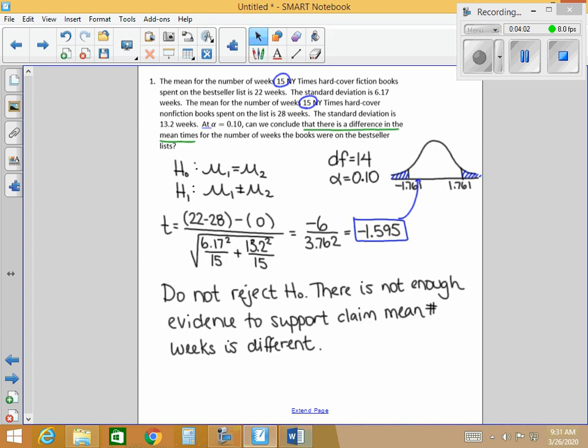I'm not in the rejection region, so I can't reject that null hypothesis. I can't say that there's really any difference in those population means.